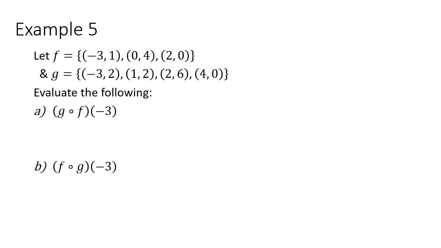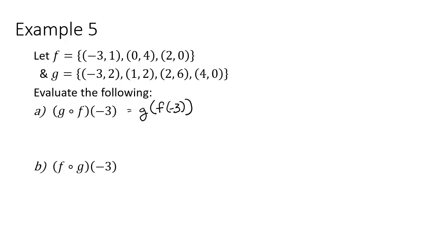So once again, let's start off by looking at an example involving discrete functions. We've got the two functions f and g defined above, and let's evaluate some compositions. In part A, we're asked to find g composed with f of -3. So this is, left to right, g of f of -3.